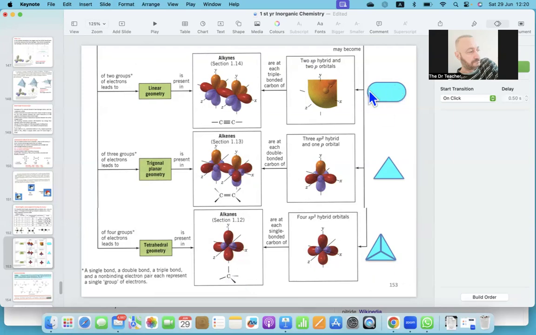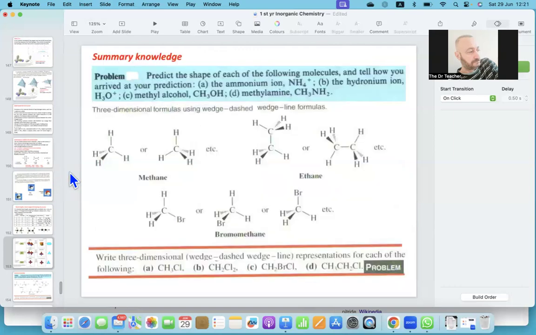So this looks like 180 degrees. Here each bond angle, over 3, you see, is the trigonal planar. And here we have a tetrahedral, which has 4 faces.